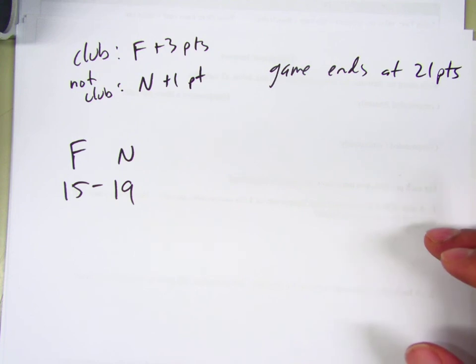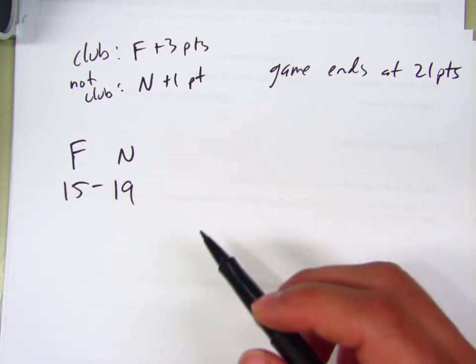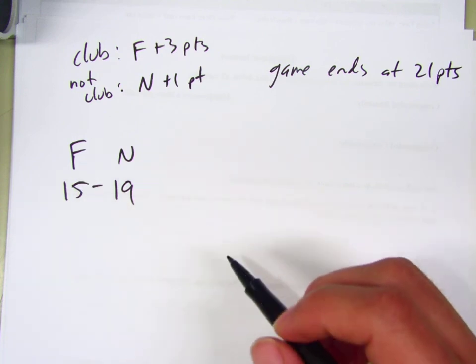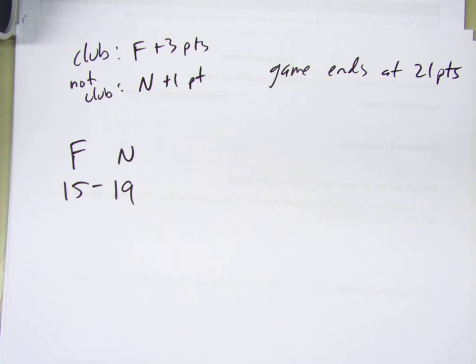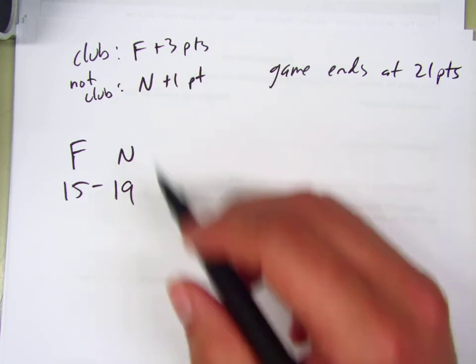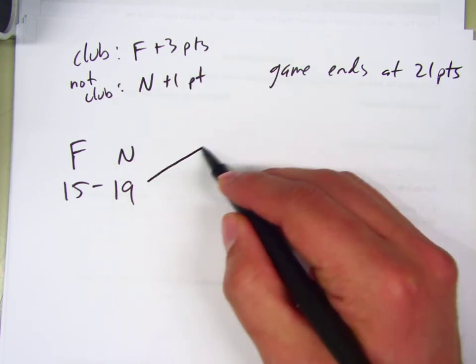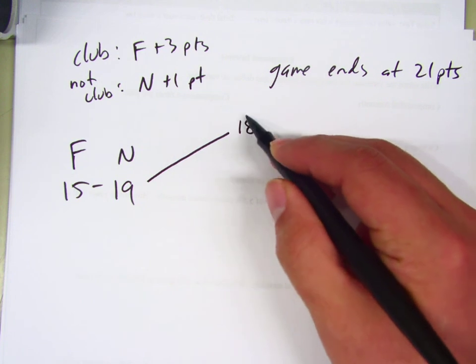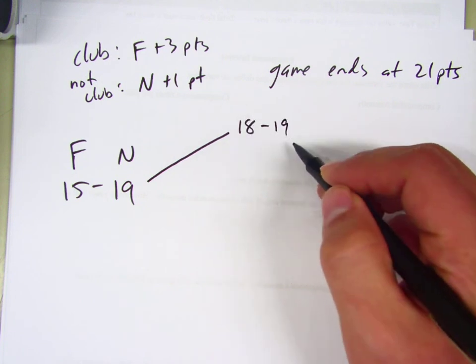They want to know what the probability is that Flossie wins. So the solutions actually do every single outcome. I'm just going to focus on the ones that get us to a victory for Flossie. Okay? So let's start with the easiest one. If a club is drawn, what's the new score? 18 to 19.